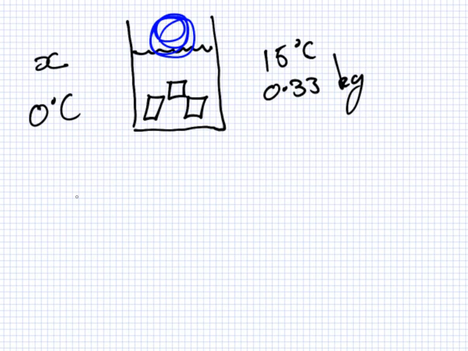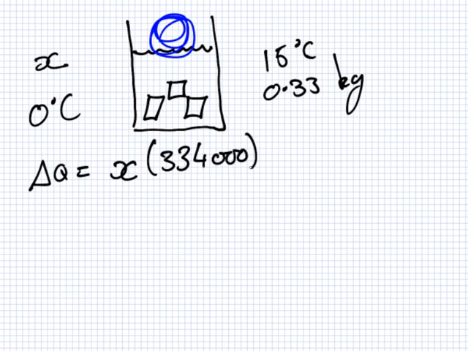First the ice must become water, so that's m, which we don't know, times L, which we do know, 334,000. Also, the ice then has to warm up.